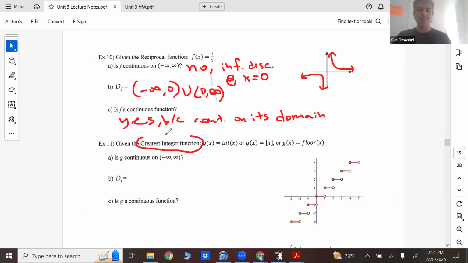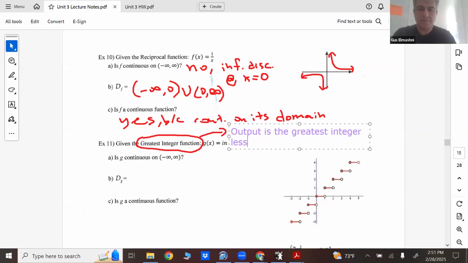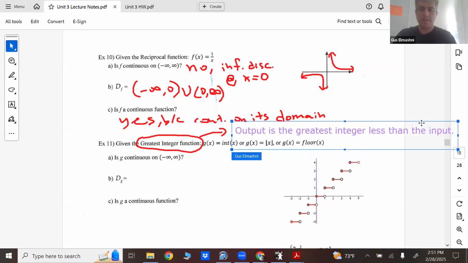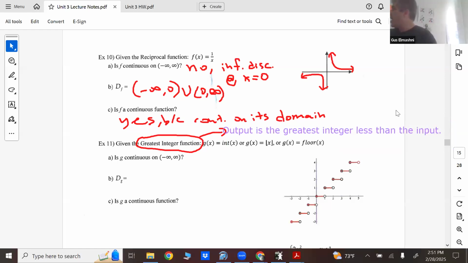So in case you guys forgot, this is defined as the output is the greatest integer less than or equal to the input. What does that mean? So let's look at like 1.9.